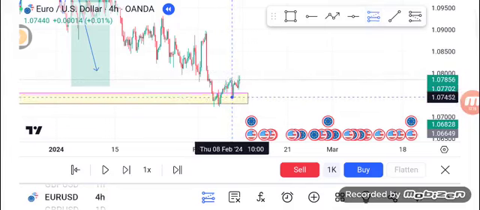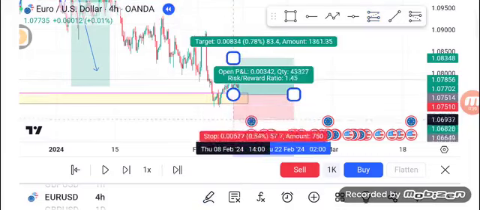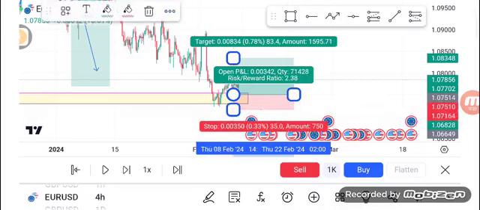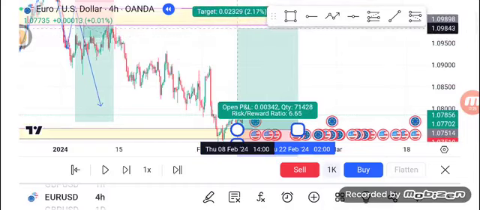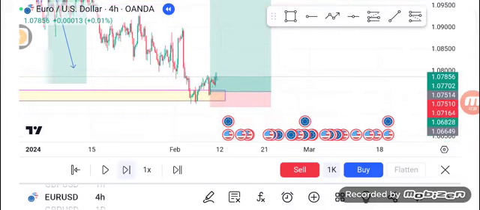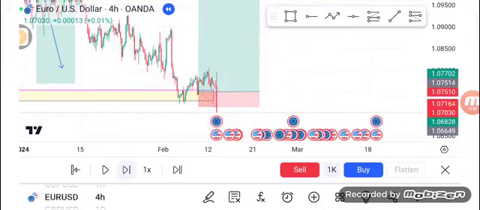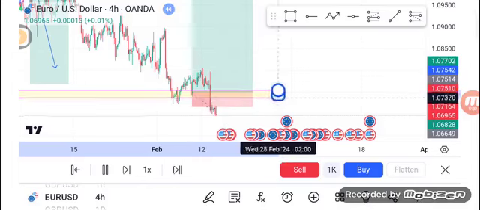Okay, from the close of this candle, right? Do you see that? Imagine I got stopped out.